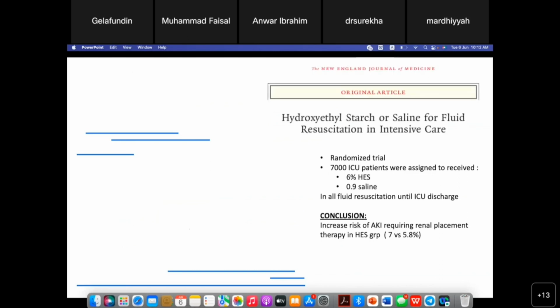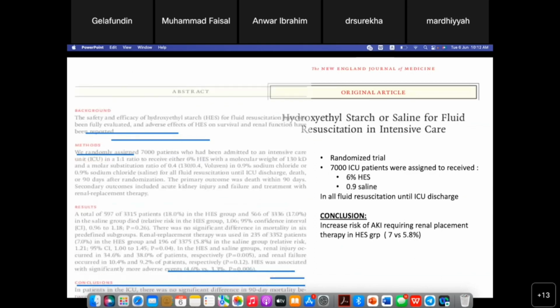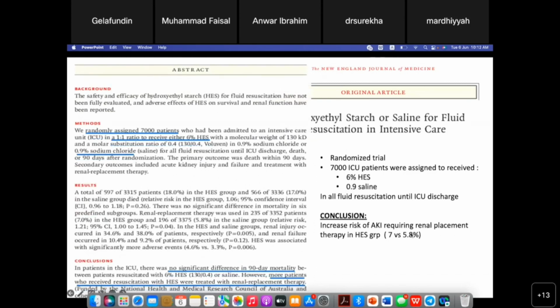Okay, this one, a randomized trial between HES or saline in fluid resuscitation in ICU, noted an increase of AKI requiring RRT in those who used HES.